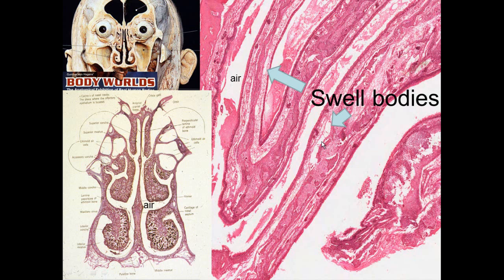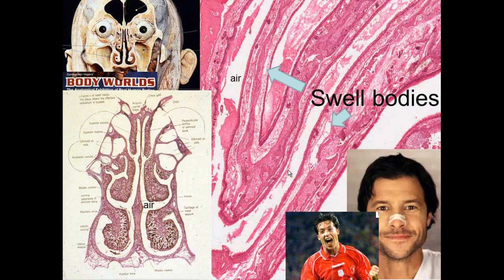These swell bodies close the airflow to a given side for 30 minutes and then switch, and this allows the lining to rehumidify, because as the air goes through the space, it causes the tissue to dry out. So it rehumidifies whenever it's closed down.